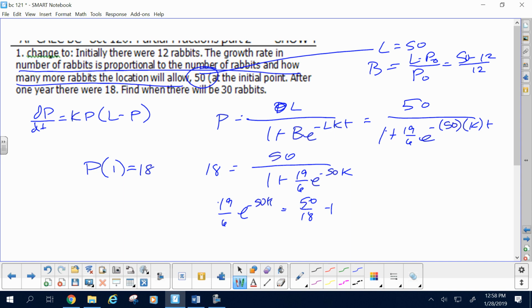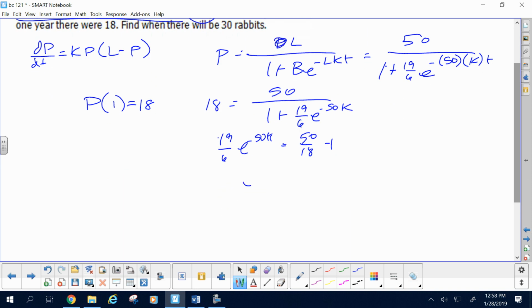So e to the negative 50k is 38/18 times 6/19, which equals 2/3. That's nice. So K is log of 2/3 divided by negative 50.